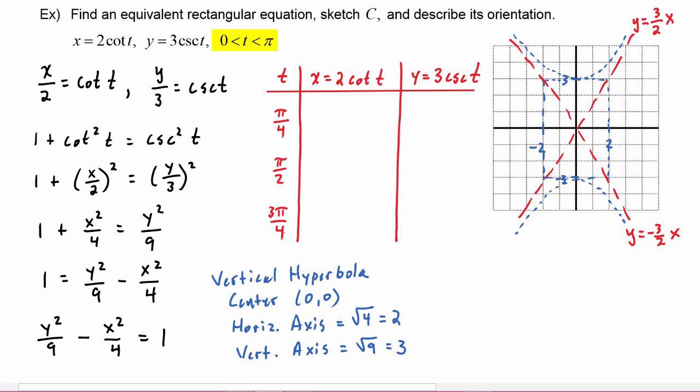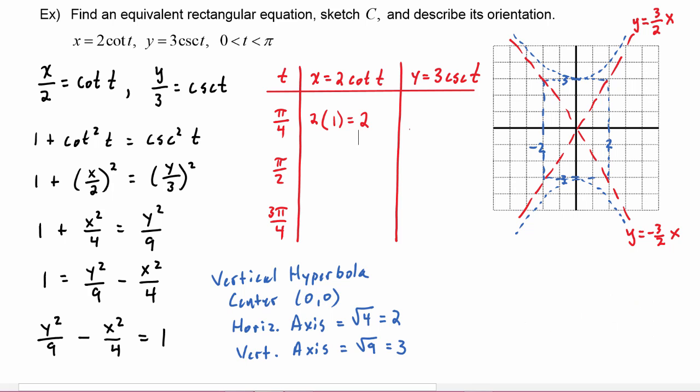If I need to, I can always plug in more. Now x is going to equal 2 times the cotangent of t. So 2 times the cotangent of pi over 4 is equal to 1. So I know my x value will be 2.